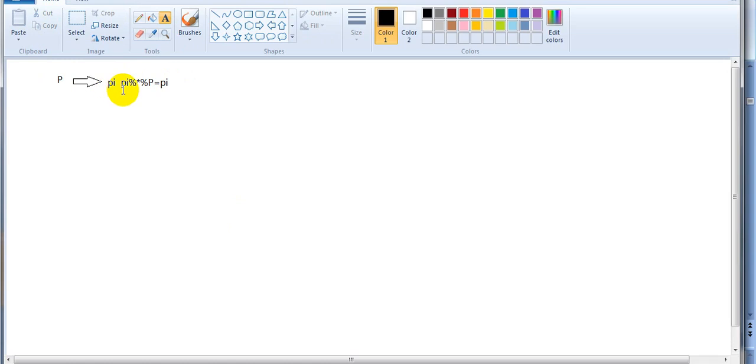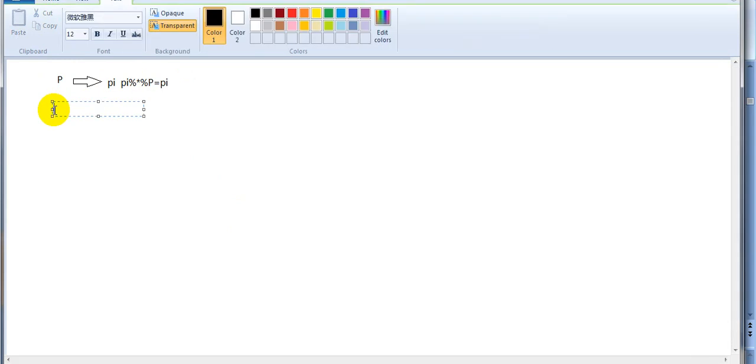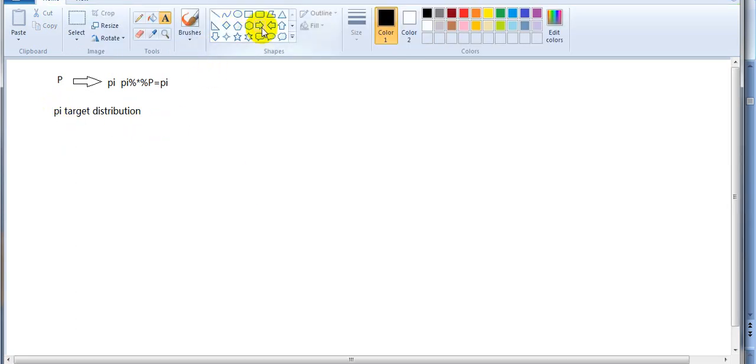Now in MCMC, it's the other way around. In MCMC, we have a target distribution, which we call pi. We know pi, and based on this pi, we're trying to design a Markov chain.